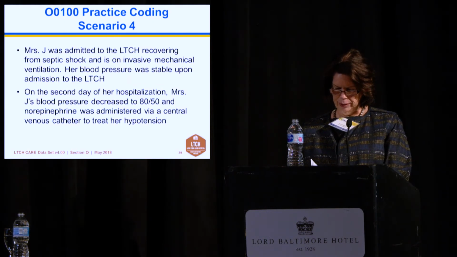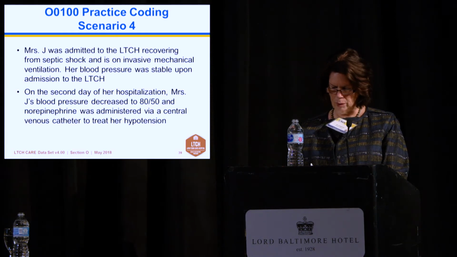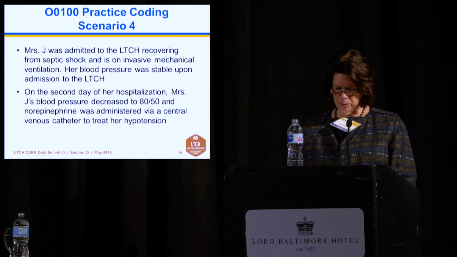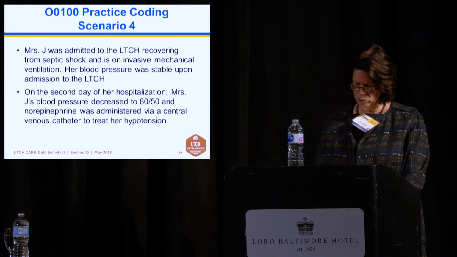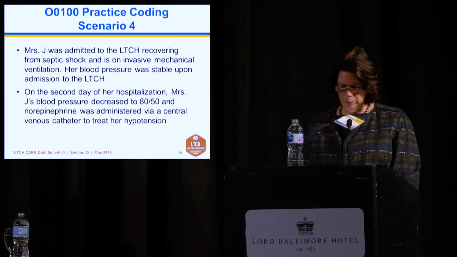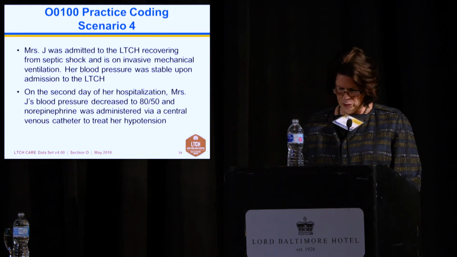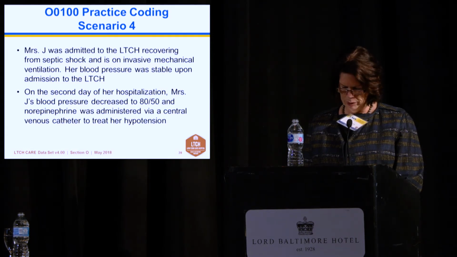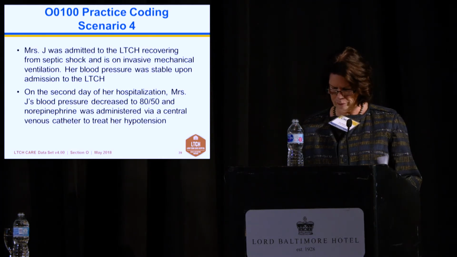In the fourth scenario, we have Mrs. J, who was admitted to the LTCH recovering from septic shock and is on invasive mechanical ventilation. Her blood pressure was stable upon admission to the LTCH. On the second day of her hospitalization, Mrs. J's blood pressure decreased to 80/50, and norepinephrine was administered via central venous catheter to treat her hypotension.